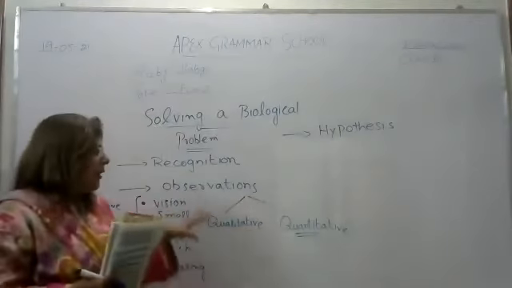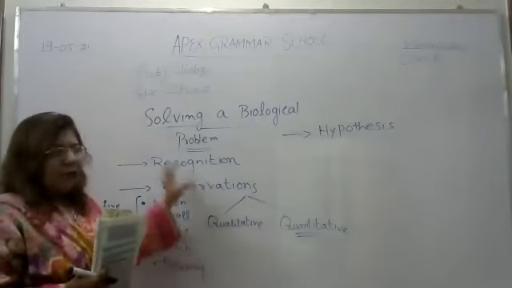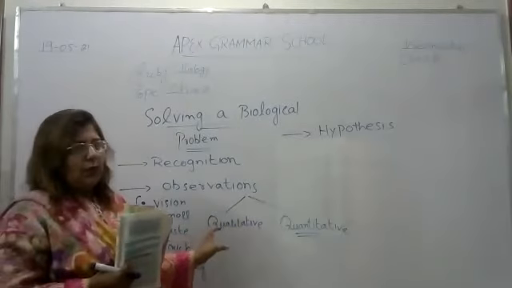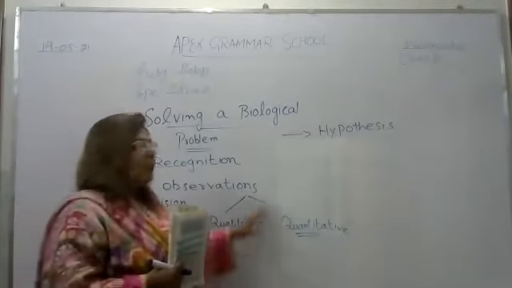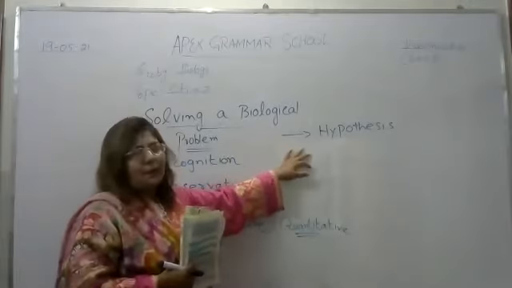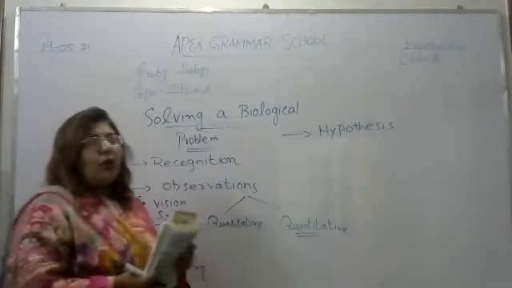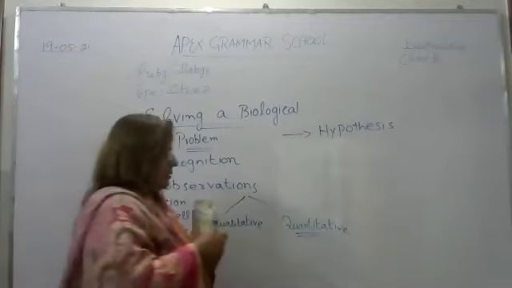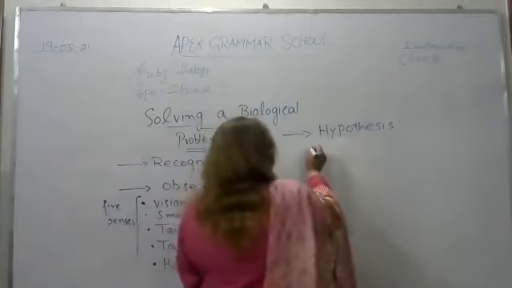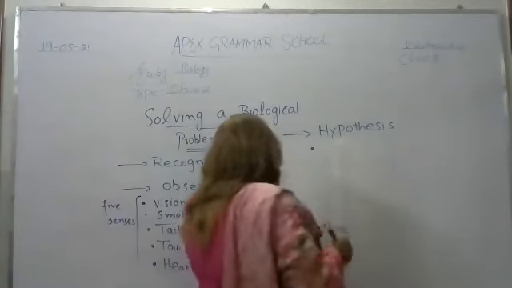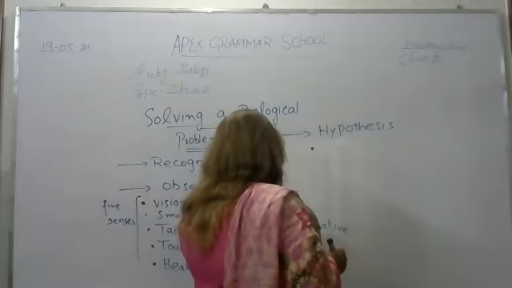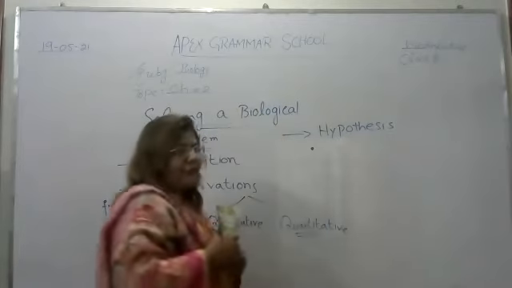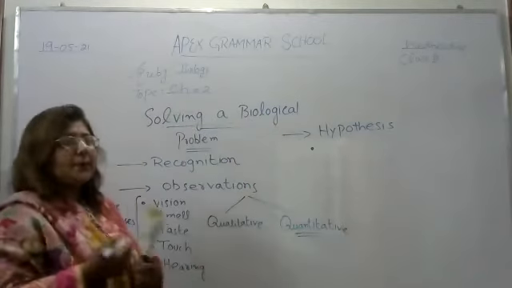Now the question is that we are observing problems in our surroundings, so this problem will come into our next step, hypothesis. For a good hypothesis, there should be some important characteristics. What are these characteristics? A hypothesis can be 50% true and 50% wrong.